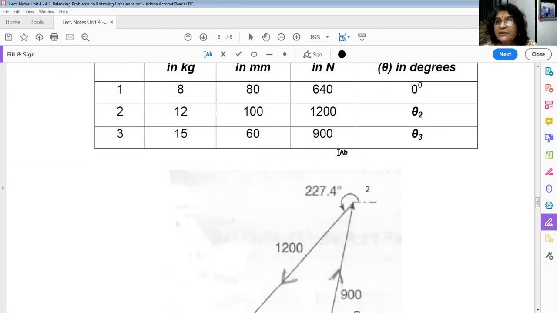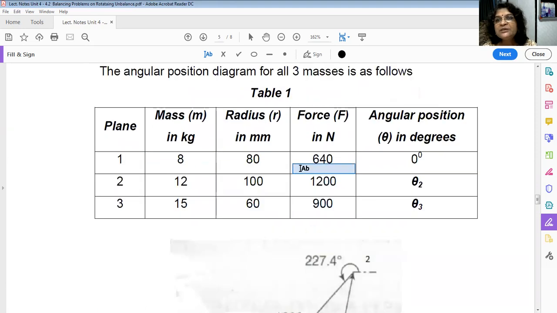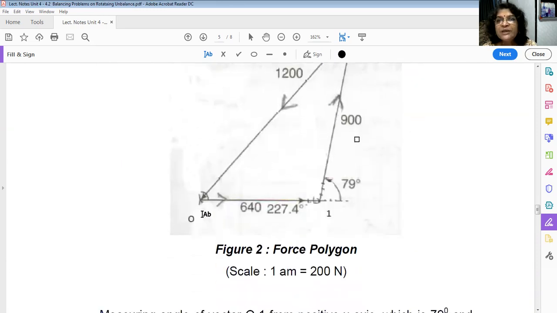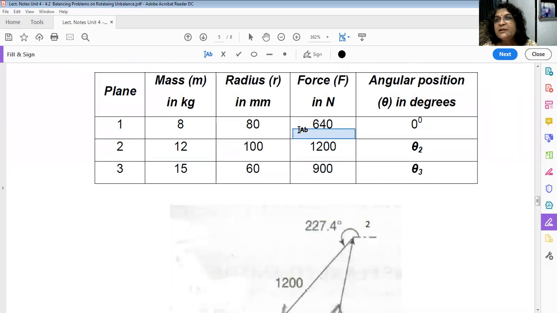So we have to take the scale. What scale have we taken? 1 centimeter is equal to 200 Newton. So what is the length of this one? 640 divided by 200, that is 3.2 centimeter. So the first step is we have to take a pole, or any point, and name it O. From this pole, we have to draw a vector to represent this force, with this magnitude and this angle.